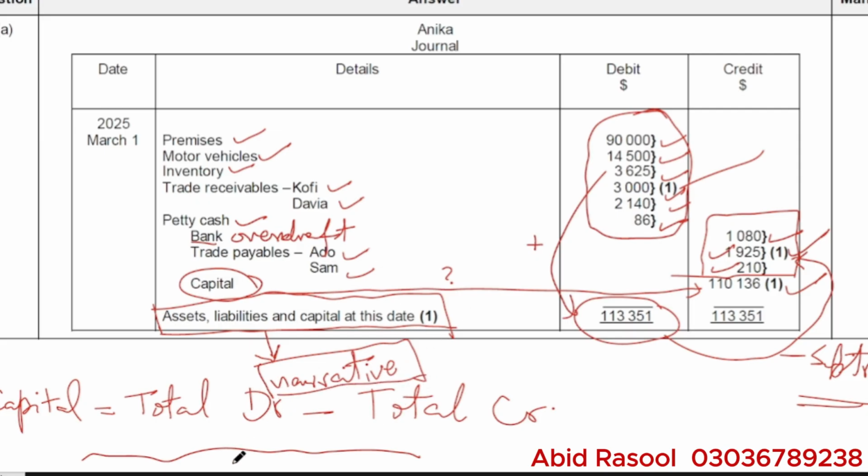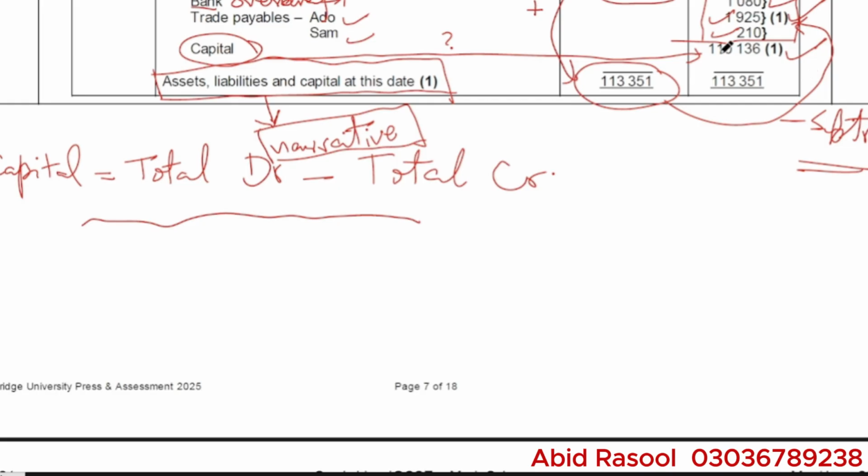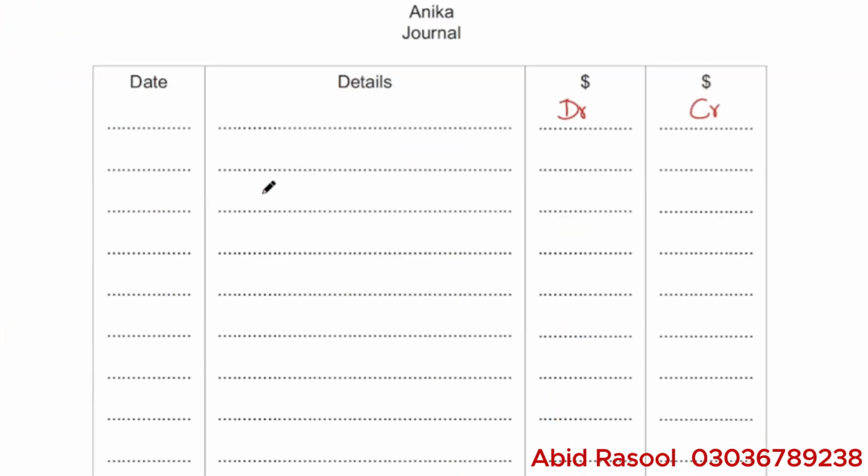You have to read the question statement carefully to know whether a narrative is to be written or not, because if the narrative is required, one narrative for each journal entry is required, and it carries 1 mark for each narrative. In this way we will be able to get 4 marks for this part A. Now we move to the next part of the question, part B.